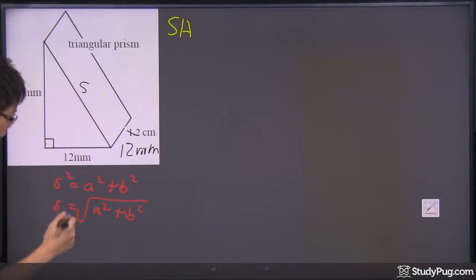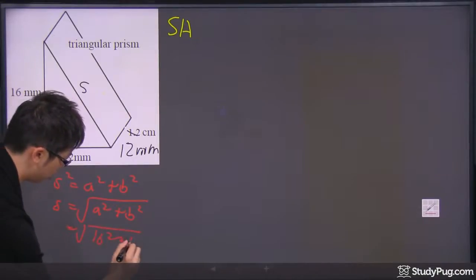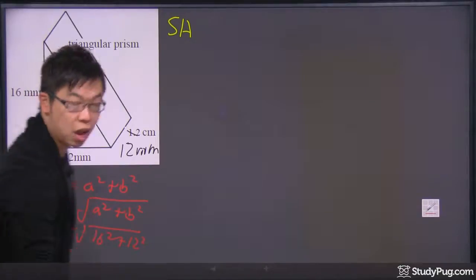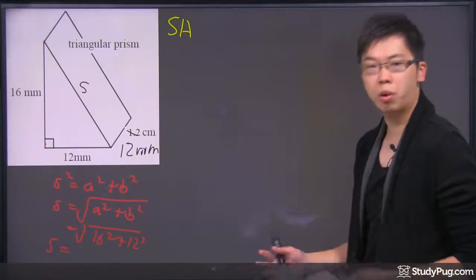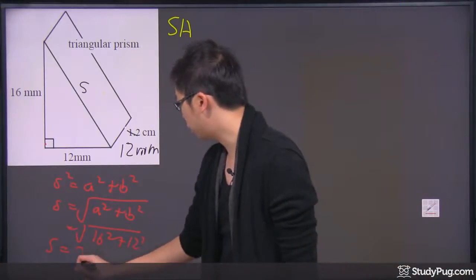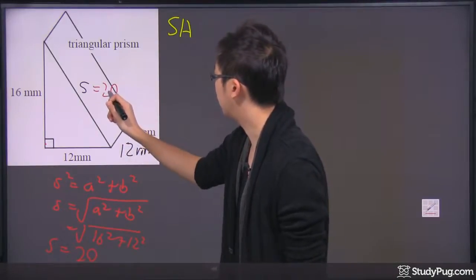We got a 16 and a 12. If you do the math, you're going to figure out the slanted side turns out to be approximately 20. So let's just use 20 over here, and let me put equals 20 over here as well.